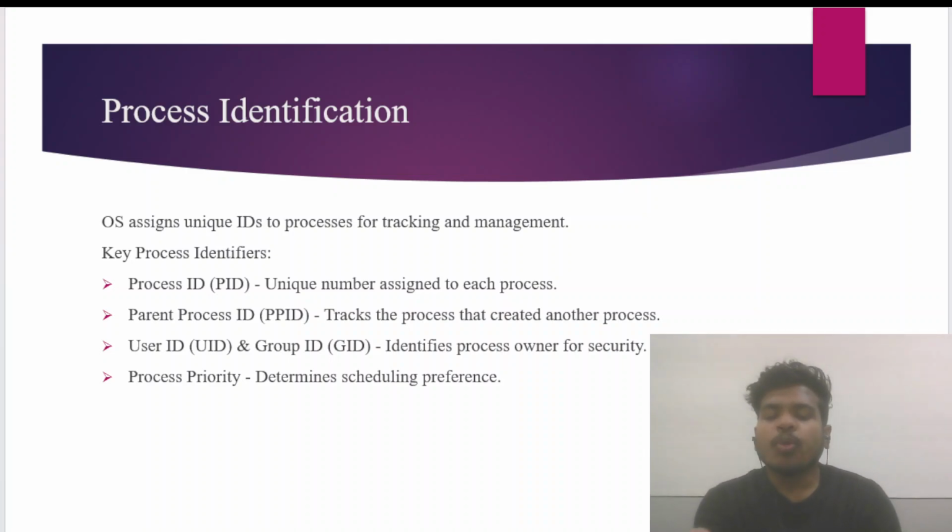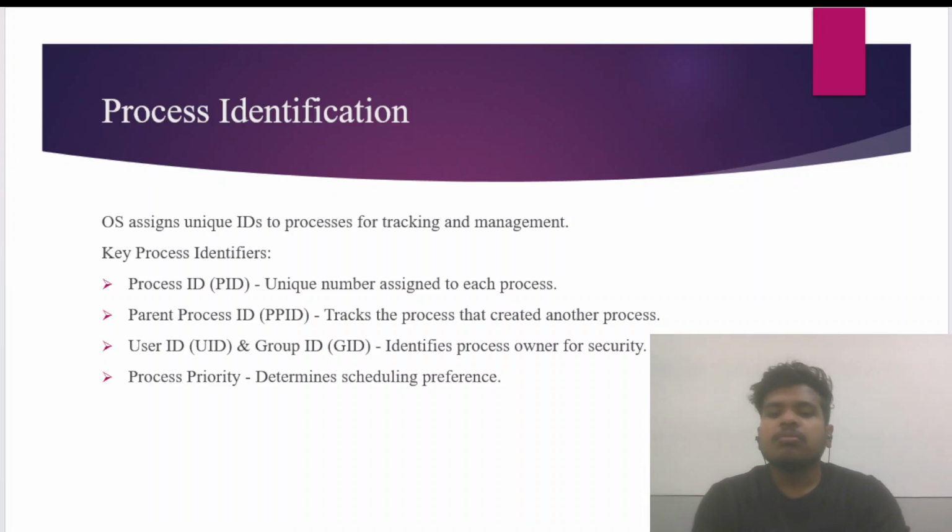For example, when you open a terminal and run a program, the terminal is the parent process and the program is the child process, and the OS assigns a unique PID to both the parent and the child process.